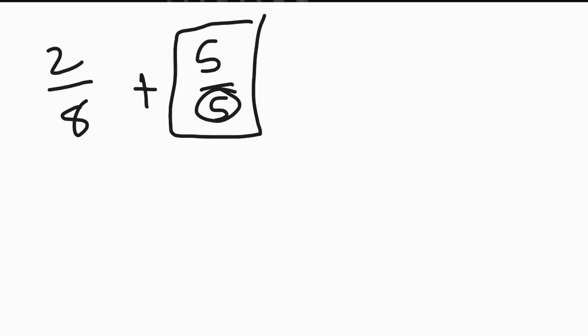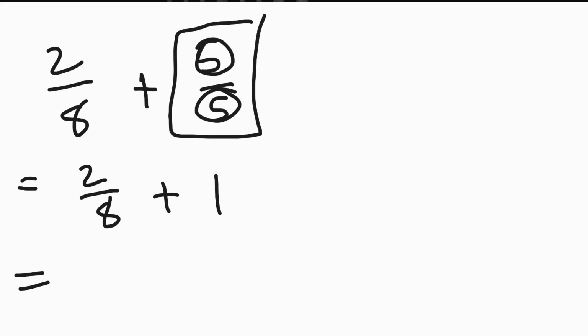Because you know 5 goes into 5 once, right? So that means you're sitting with 2 over 8 plus 1. Okay? Now if you did not know, any number has a denominator of 1. Okay?